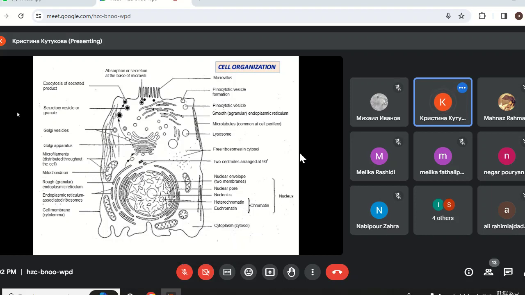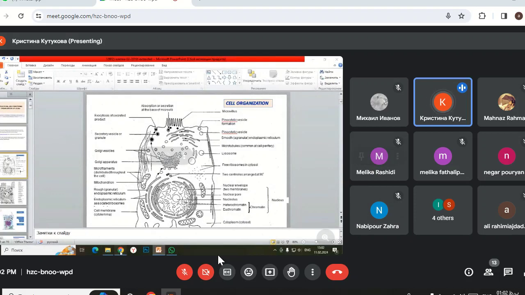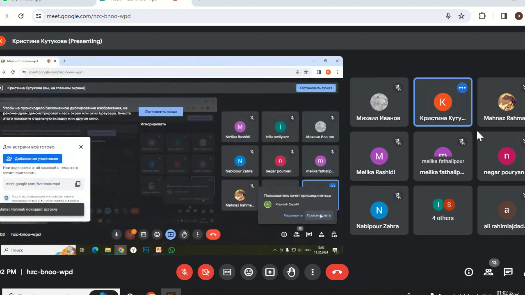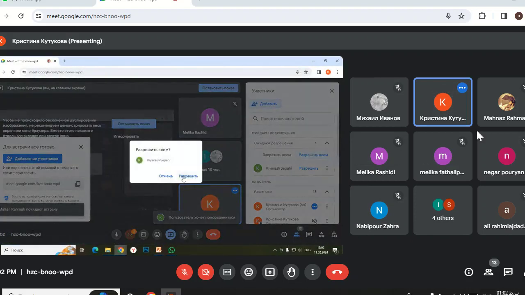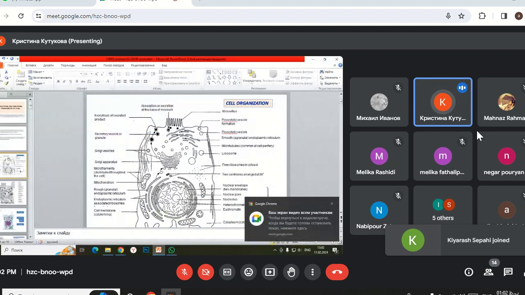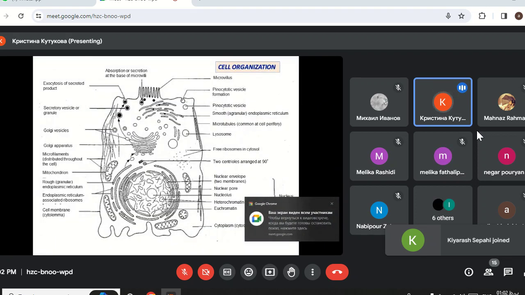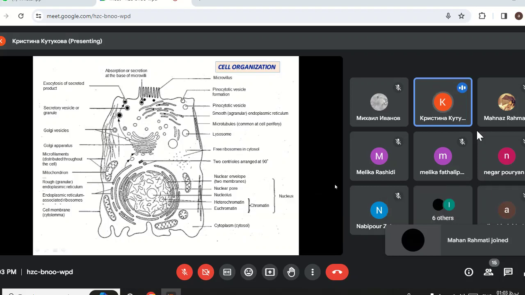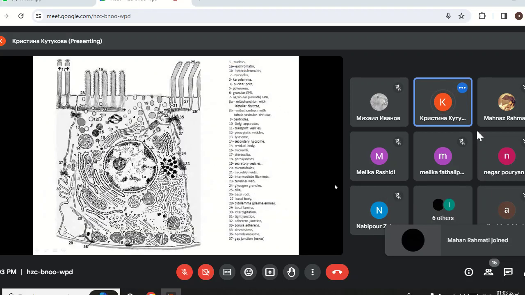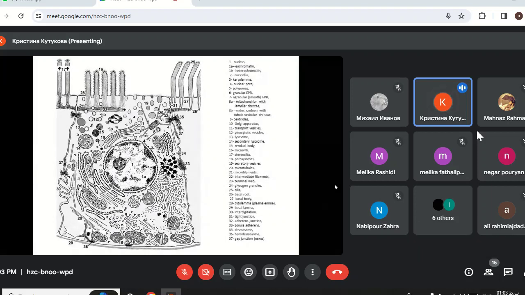Different cells perform different functions, and it means that they will have different degree of development of different organelles. So, amount of every organelle developed in cytoplasm depends on the function and activity of a particular cell. The same in this picture. This picture shows everything that can be found inside the cell.